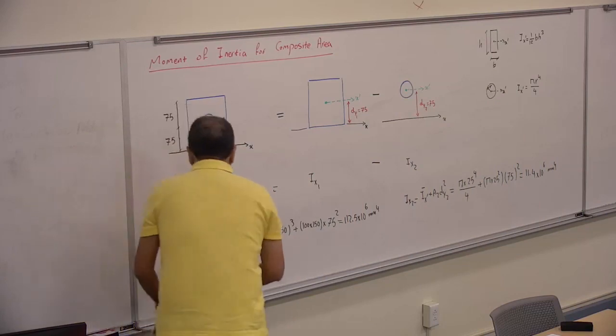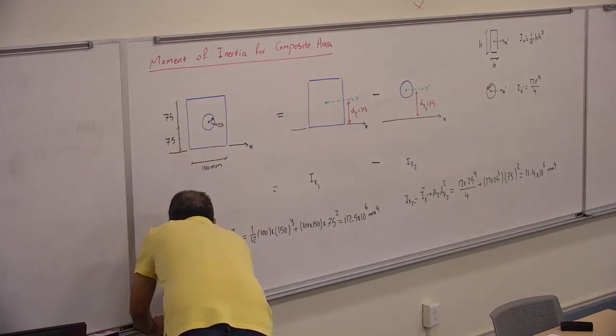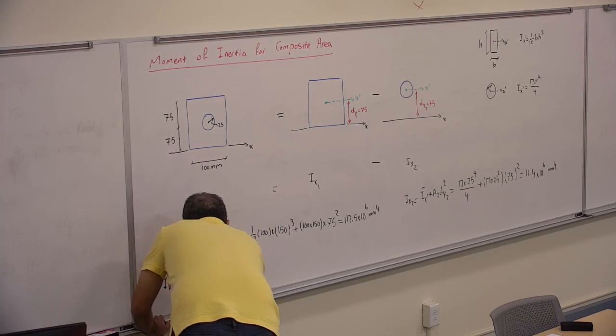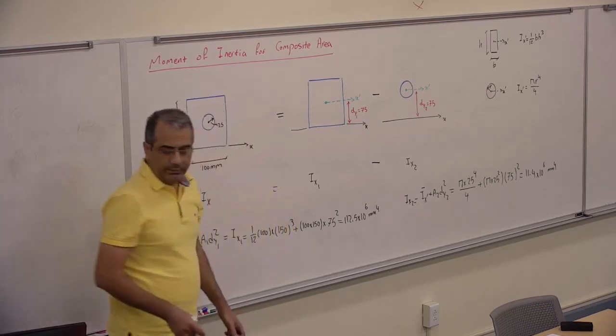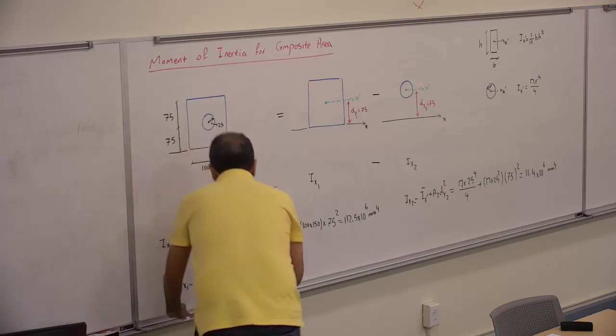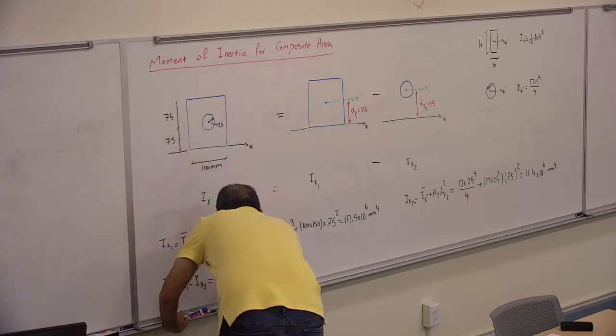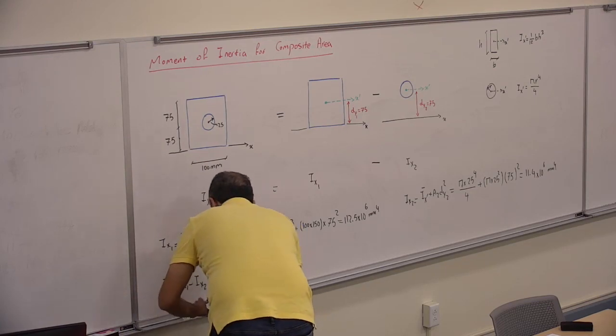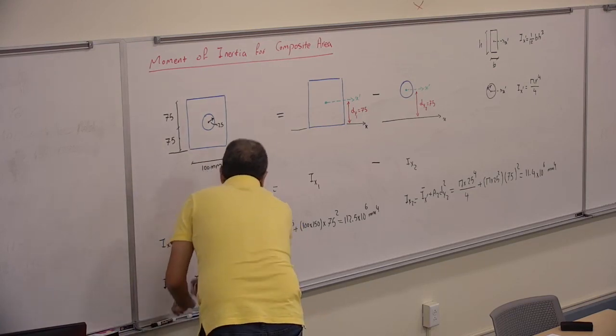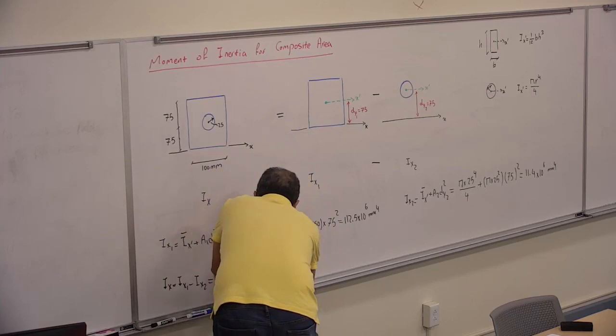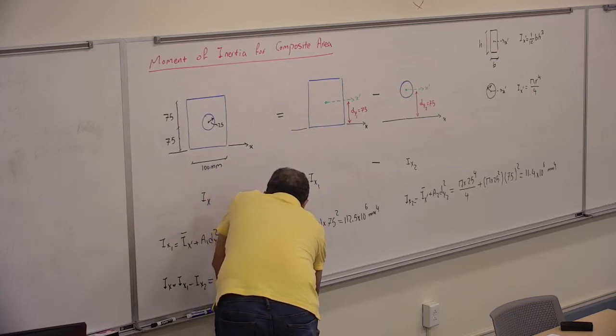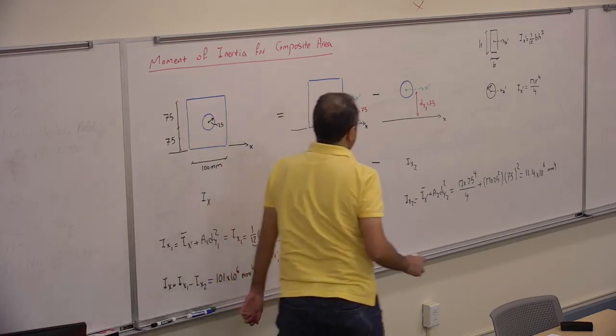So Ix is Ix1 minus Ix2, which would be 1 and 1 times 10 to the 6. So remember this. This part is the I about x prime for the first one.